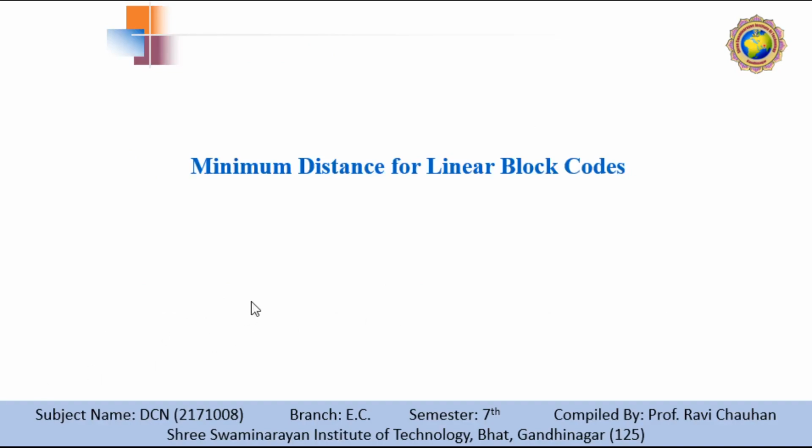Minimum distance for linear block codes. It is simple to find the minimum Hamming distance for a linear block code. The minimum Hamming distance is the number of ones in the non-zero valid code word with the smallest number of ones. To clarify this, let's have an example.